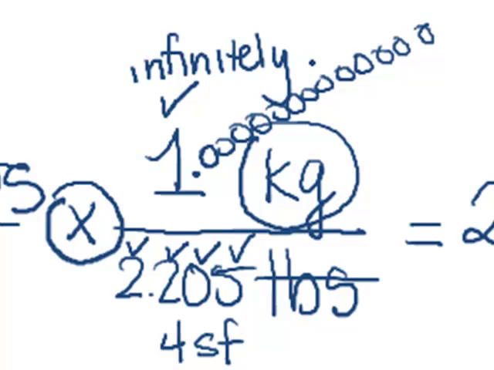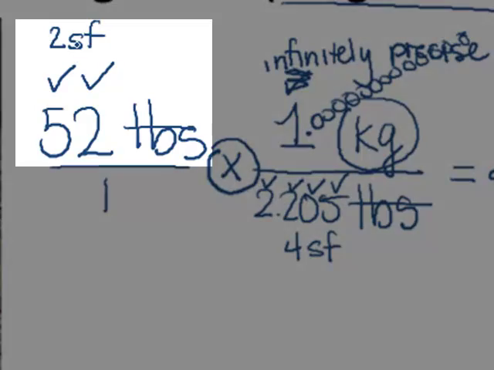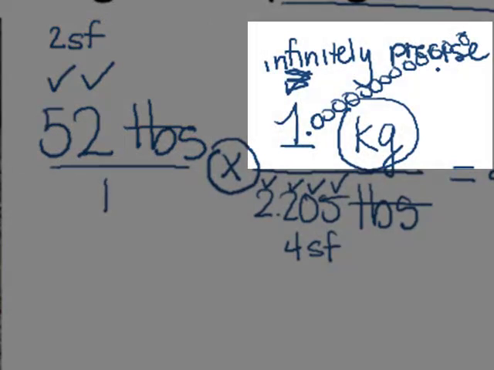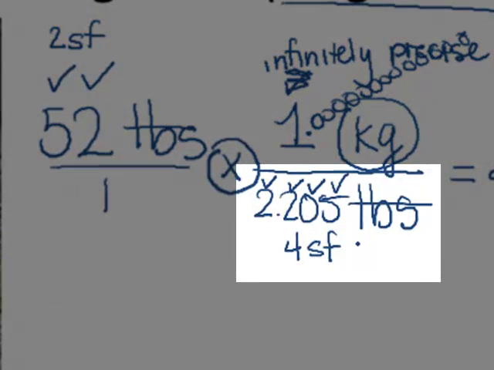It really means that we have a value that's truly and exactly 1. Or in other words, we get to ignore it for the cases of sig figs. For all conversions, when you have something over 1 or 1 over something, ignore the 1. It won't limit your precision. So let's look at what we do have. 2 sig figs here, an infinite number of sig figs here, and 4 sig figs here.